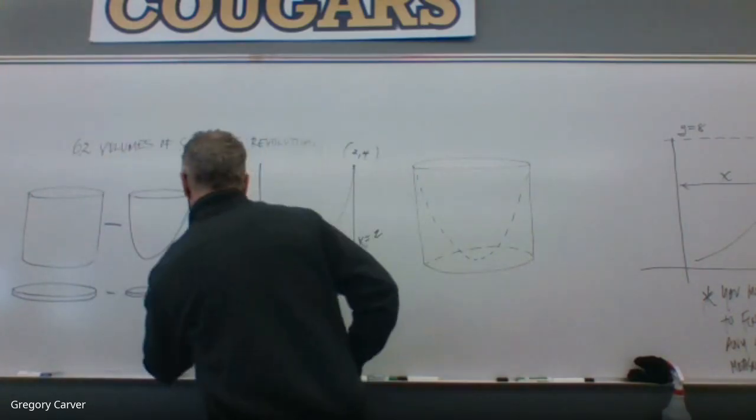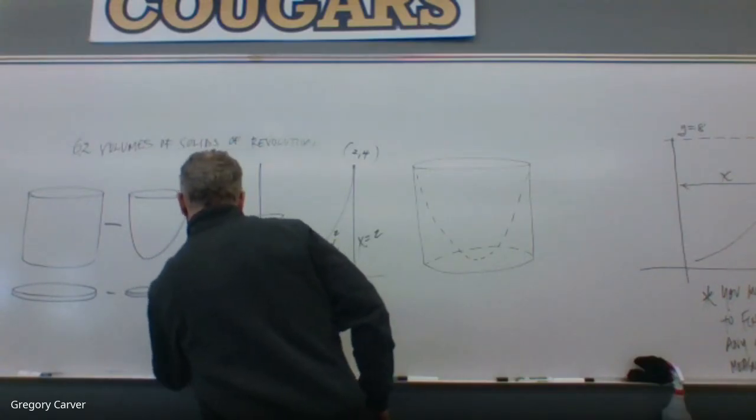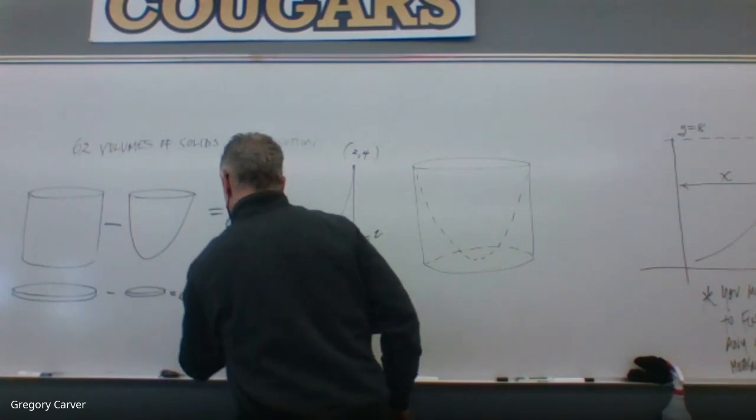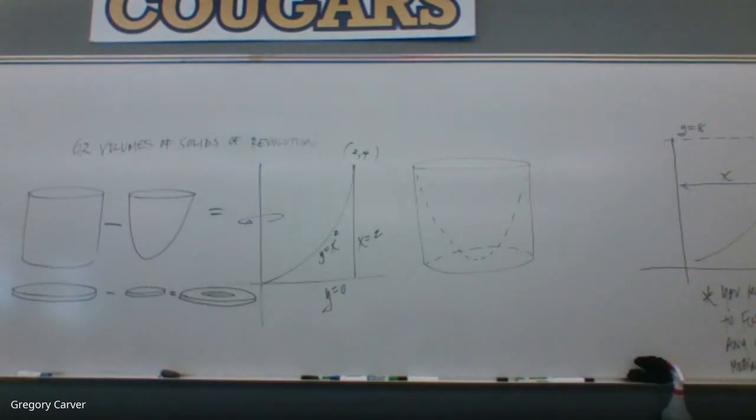And you're going to get the world's worst donut. It's actually called a washer, right? That almost makes sense. This is called a washer method because that looks like a washer, right?